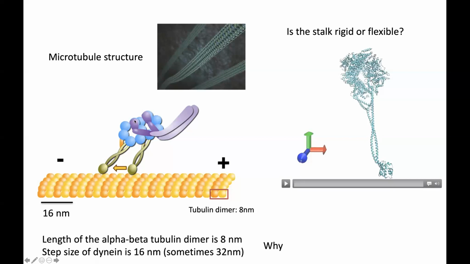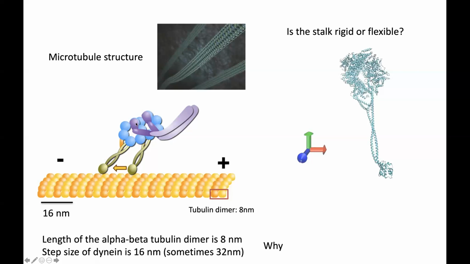If you want this linker to control the step size, the accuracy of the linker should be very high, because any error happening here will be amplified by the long leg, and it will cause a huge error. Even a small error here might cause a huge error. So this is the first reason we doubt the hypothesis.